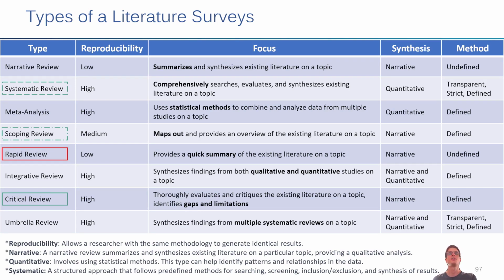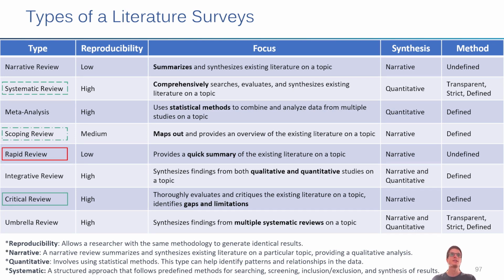So if you have a field that is very popular, like AI at the moment, and people are already writing systematic reviews, you can consume only those systematic reviews and combine them to produce a finding that holds true over all those existing reviews. And this is called an umbrella review. But you, again, try to be transparent, strict, and defined with your methodology, giving it just as high a standard as the systematic reviews you consumed already have.